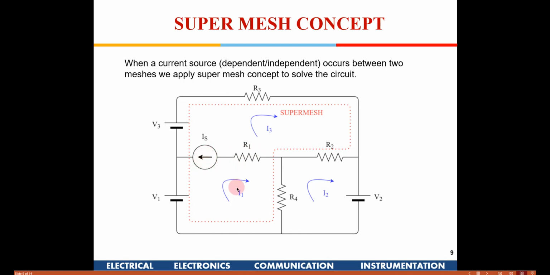So if you have that, you can't really write a mesh equation, KVL, where there is a current source. Because if I try to write the equations, say in this mesh, what can I write? V1 plus voltage across IS, which I don't know what is the voltage across an IS, then R1, and IS into R1, and then some.